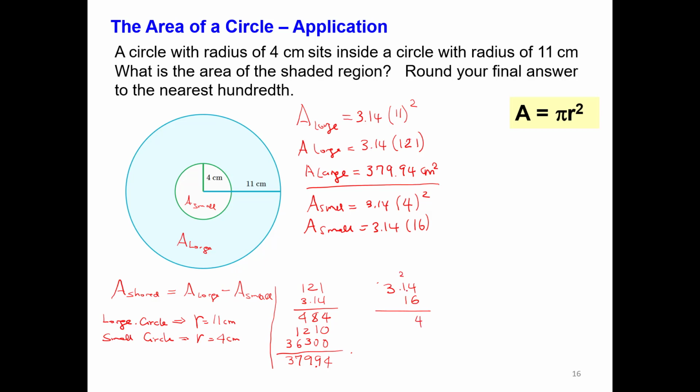Carry the 2. 6 times 1 is 6 plus 2 is 8. 6 times 3 is 18. 1 times 4 is 4. 1 times 1 is 1. 1 times 3 is 3. Now we need to add the numbers together.